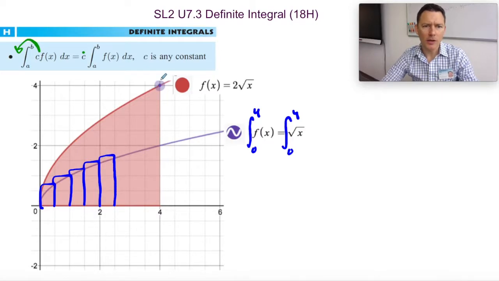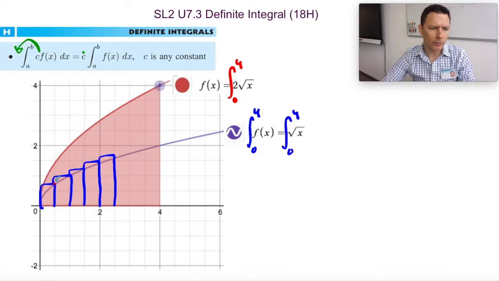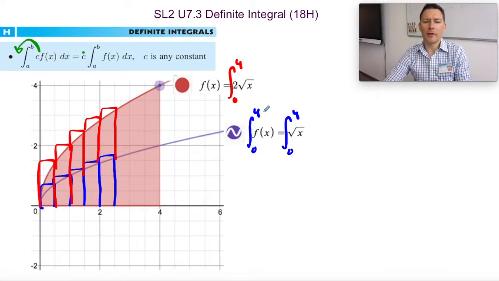If you instead had f of 2x, right, and you were integrating that between 0 and 4, you're finding the area again, and really the area is here. Look, we have double the height as this piece, and double the height as this previous blue piece, and double the height, and double the height, and double the height. So we have double the area, right?